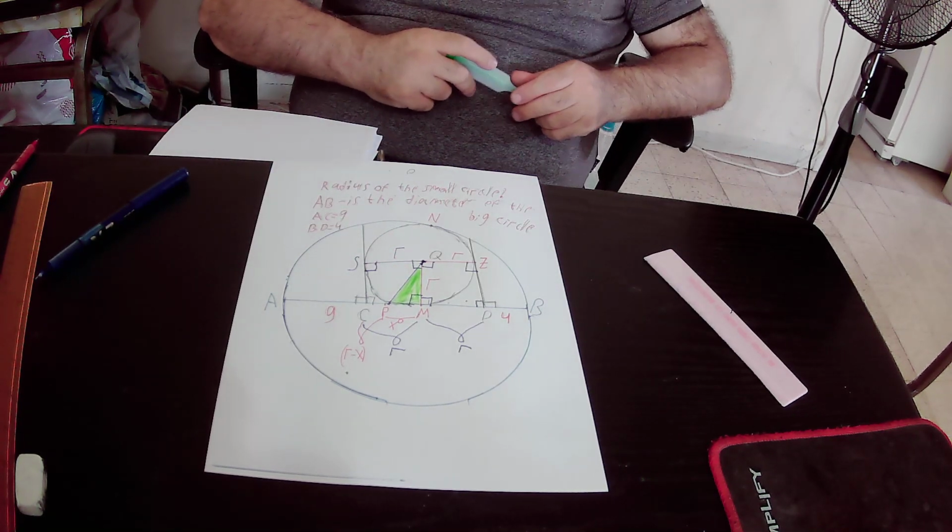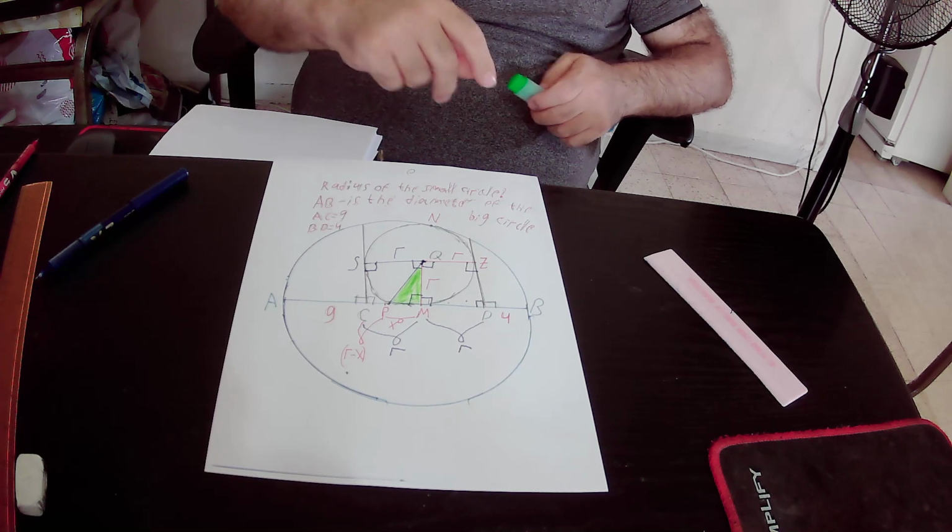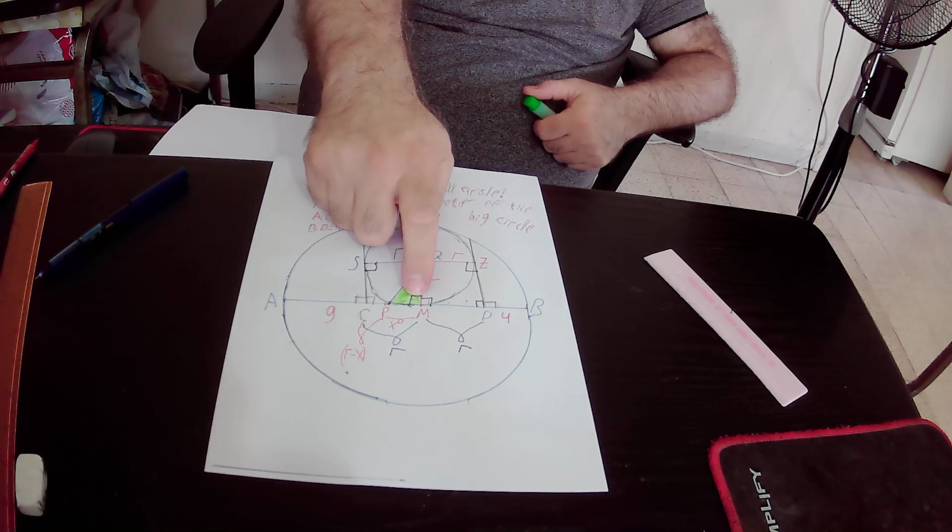Triangle QPM is a right triangle because angle QMP is a right angle.